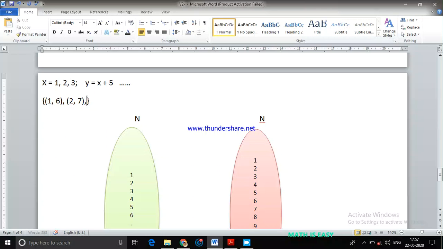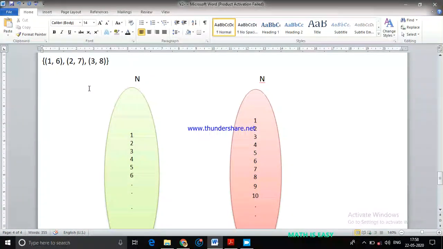Then if x is 3, my possible value of y is 3 plus 5, 8. That's it. I cannot go any further because the x value is 1, 2, or 3. Only 3 values of x are possible because it is less than 4, and corresponding to the 3 values of x, I'll get 3 corresponding values of y.